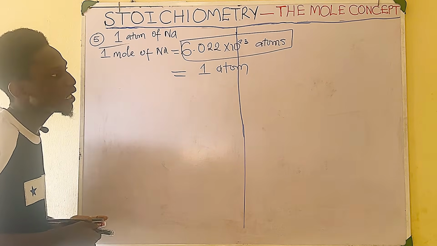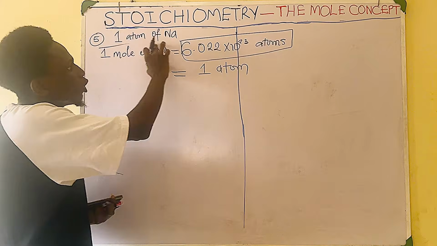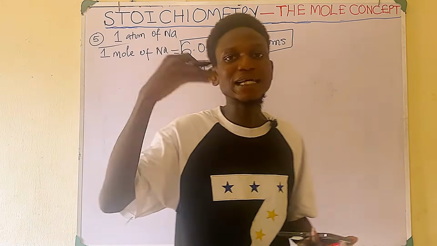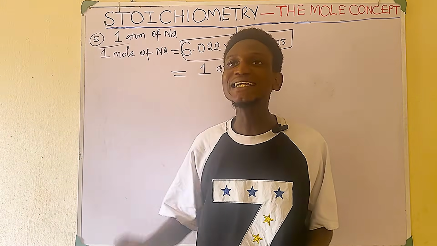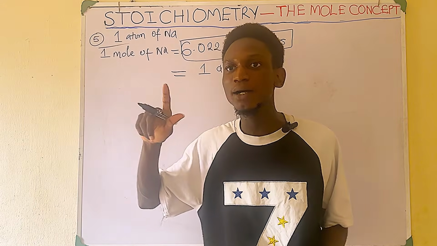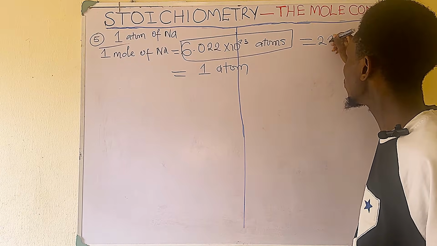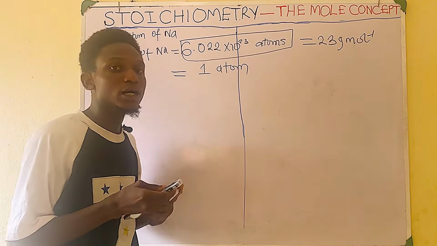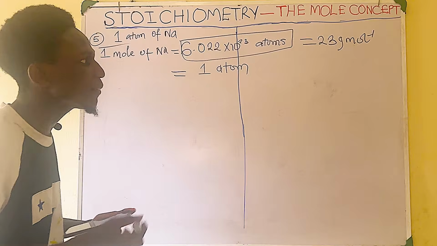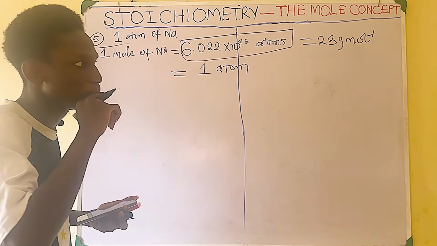Now, 1 mole of sodium atoms contains Avogadro's number, and this 1 mole of sodium atoms, what is the relative atomic mass? Do you remember? 23 grams per mole. When I was defining molar mass, I said that molar mass is the mass in 1 mole.